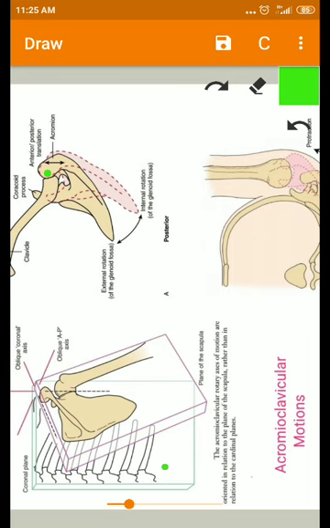Some studies have explained that during such motions, the available range at the acromioclavicular joint is 30 degrees for combined internal as well as external rotation.